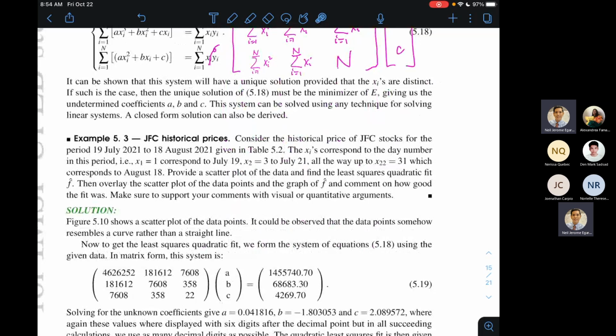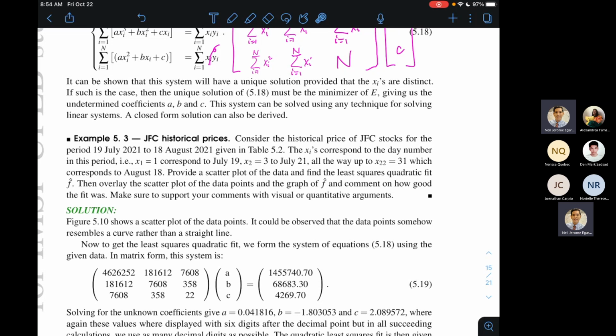In example 5.3, I collected as data the closing price of Jollibee stocks for July 19 to August 18, 2021. So actual data to. I will show it later in table 5.2. I just used the x's to correspond to the day number in this period.